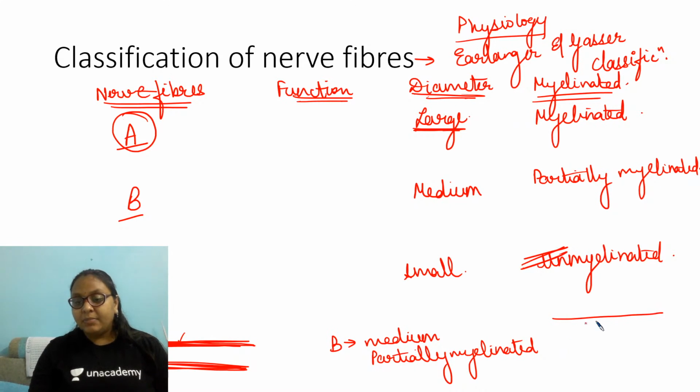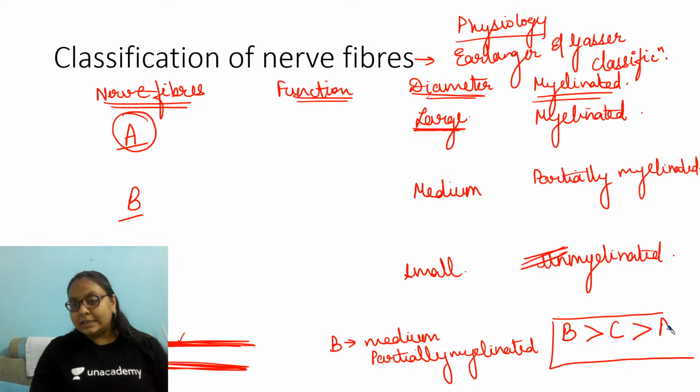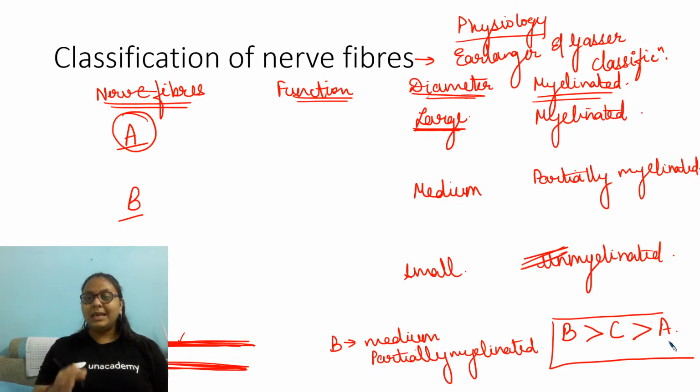So out of A, B and C, the most sensitive is B, then C, then A. Are you getting my point? So you have to remember BCA, according to the sensitivity of the nerve fibers.